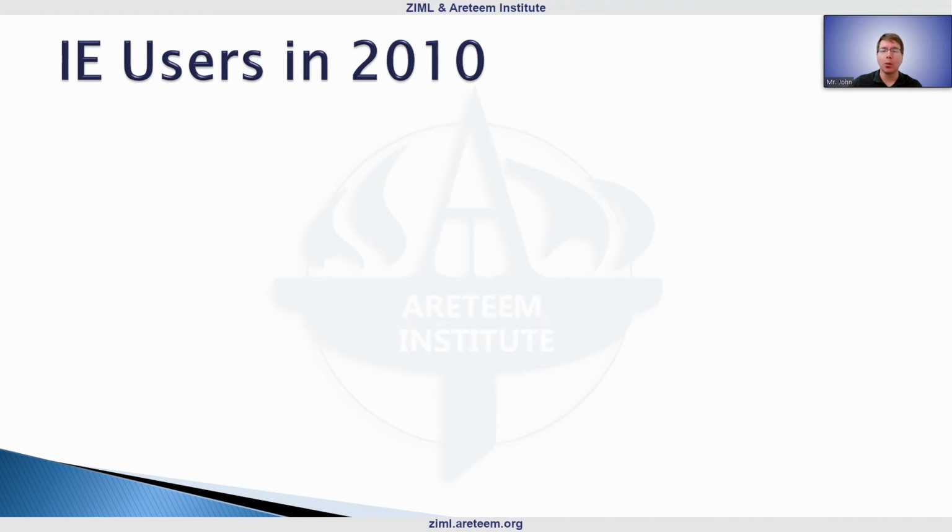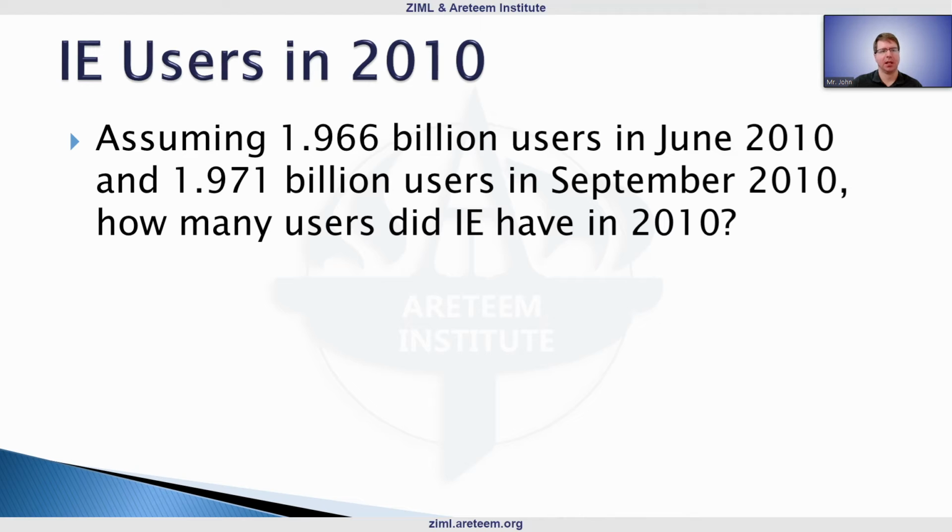So how might we go about doing that? So our data, right? We have roughly 1.966 billion users in June 2020, 1.971 billion users in September 2010. How many users did Internet Explorer have in 2010, right? So our usage data was based on that year in total, and we want to use that estimate.